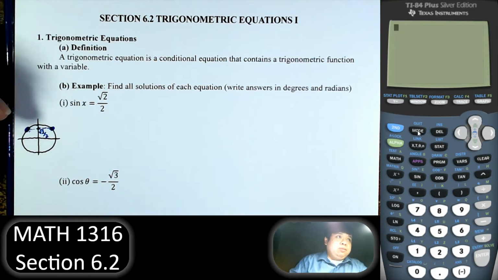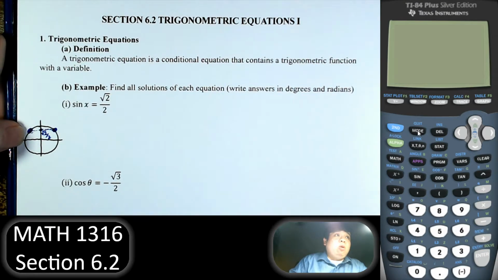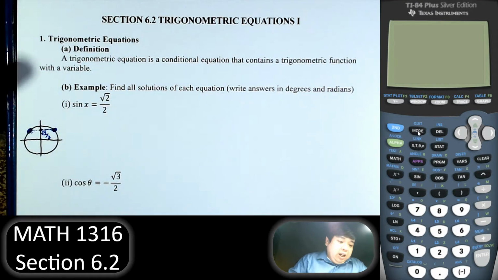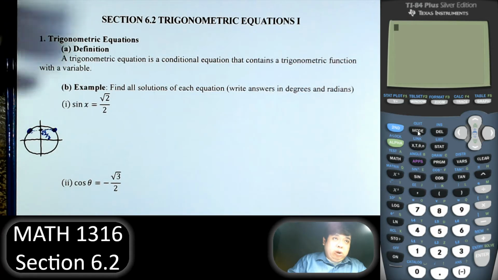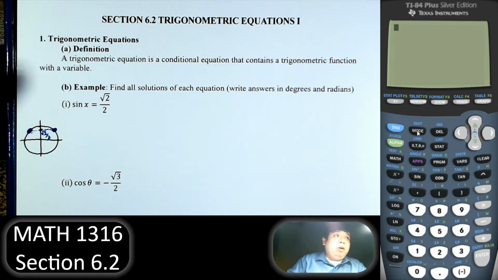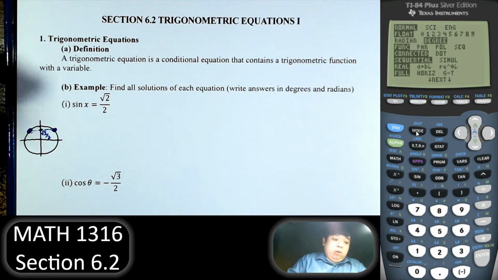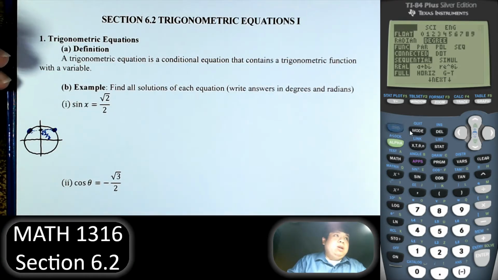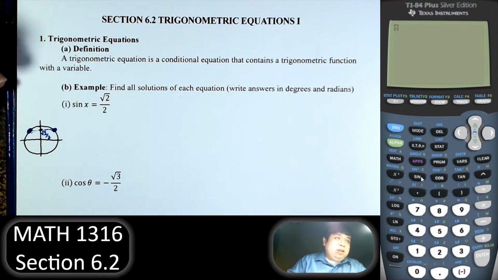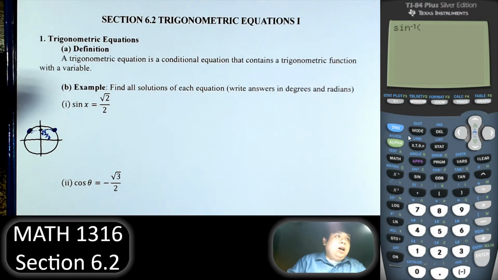We have to draw the unit circle and see where the solutions are. If we use a calculator for the inverse function, make sure it is in degree mode. When we do sine inverse of square root of 2 over 2, that should be 45 degrees.